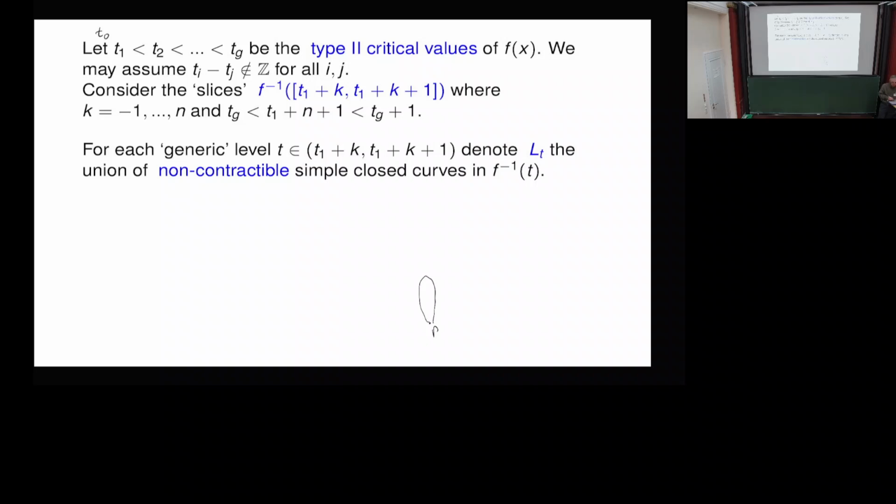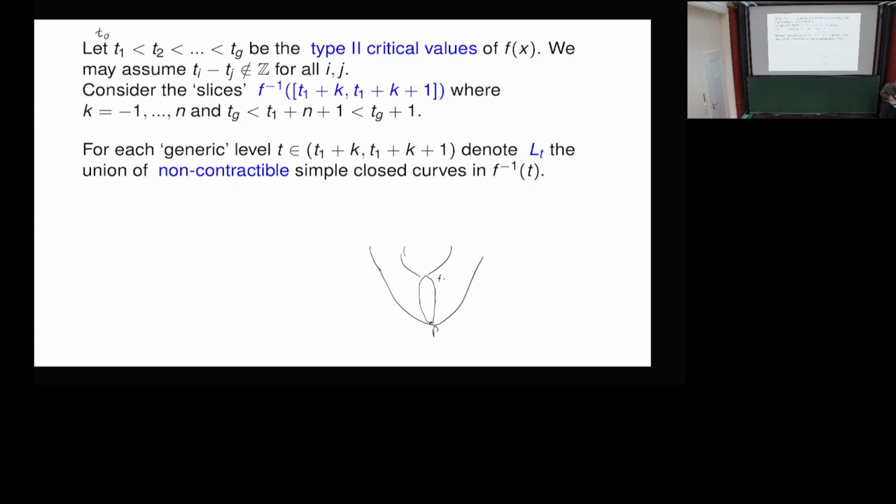It's going to be of type 1, not of type 2. Because I chose P to lie on the systole, the picture is like that, and this point also gives me a non-trivial loop.